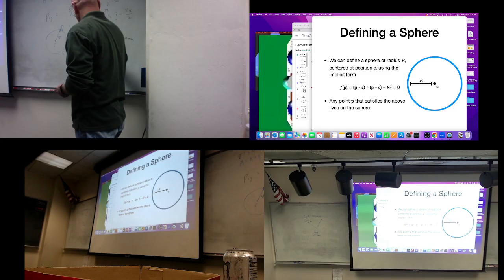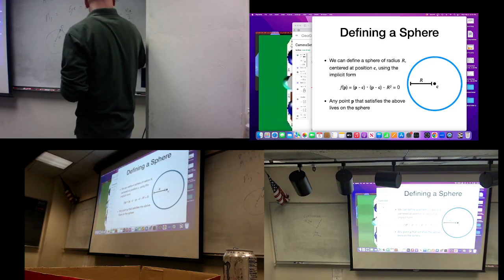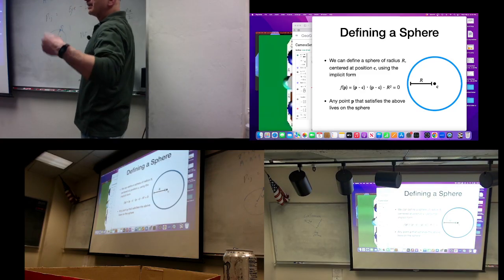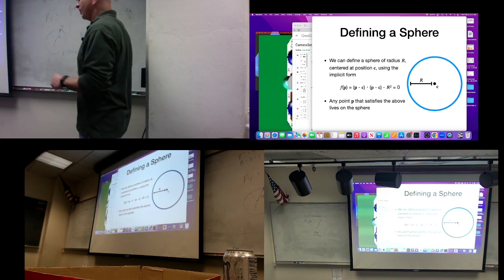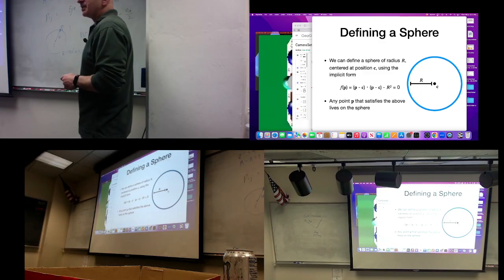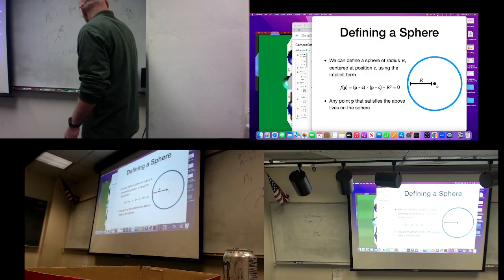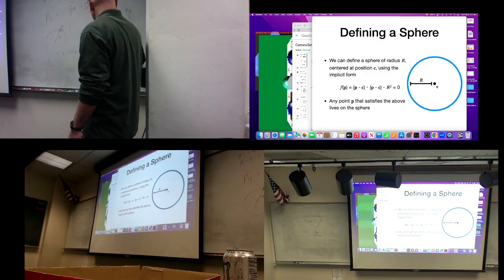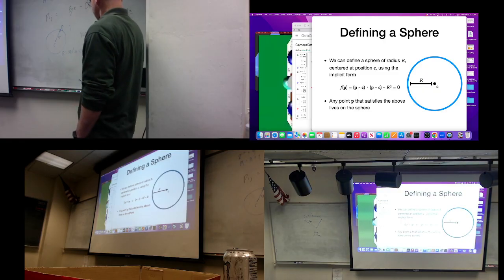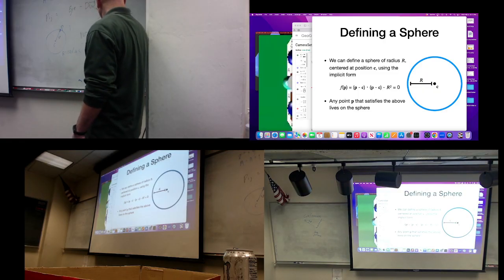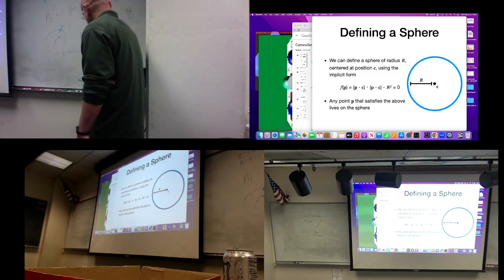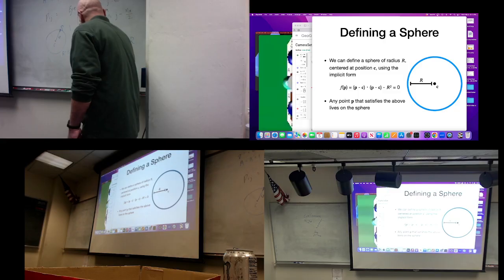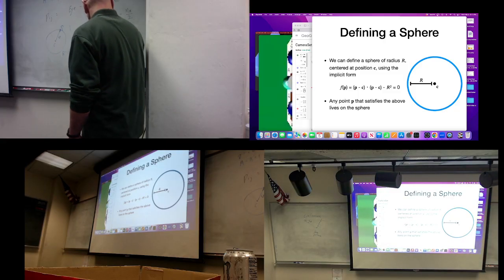Since I want to ask, for a point P, is it on this circle or not, and don't confuse a circle with a disk. It's a circle or a sphere. P minus C, if P satisfies it, well, this length equals R.